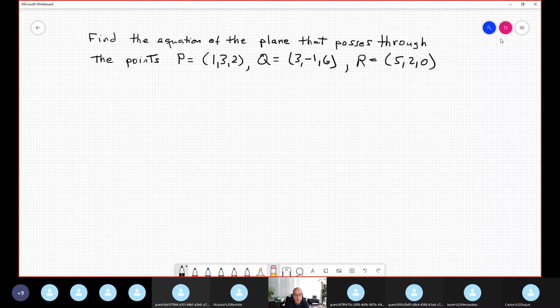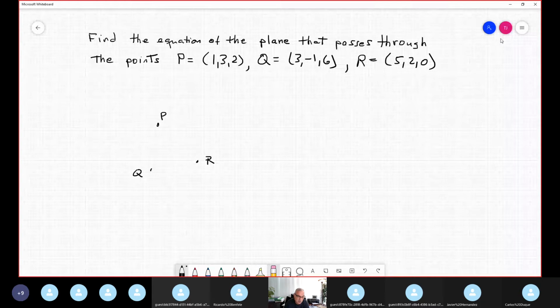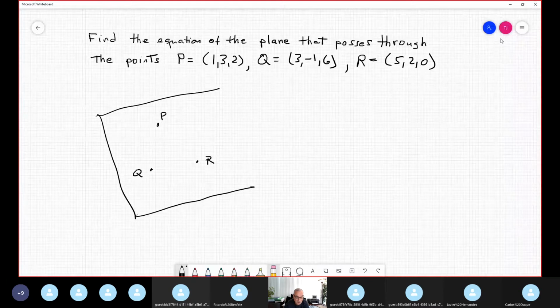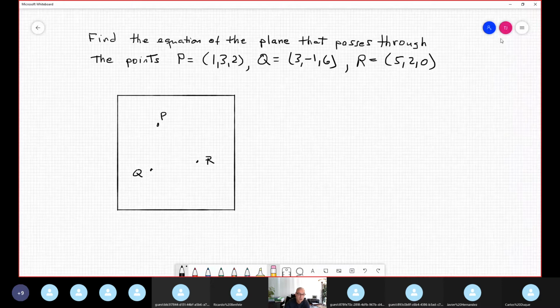Okay, we have 3 points in my hand: P, Q, and R. You know, using common sense, not mathematics, 3 points define a plane. Yes or no? Right, in 3-dimensional space. Okay, they define the plane.